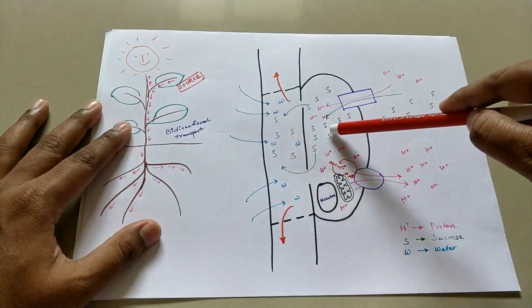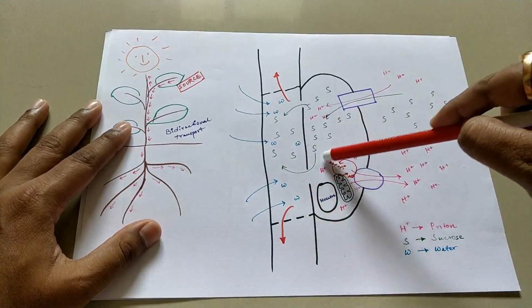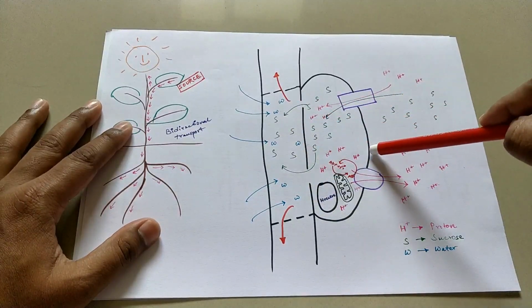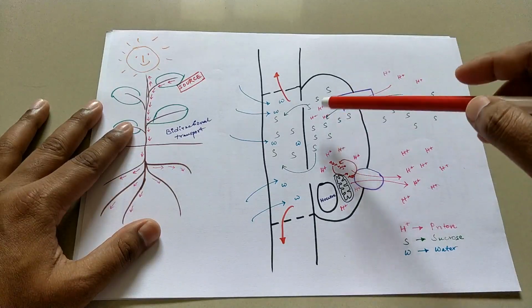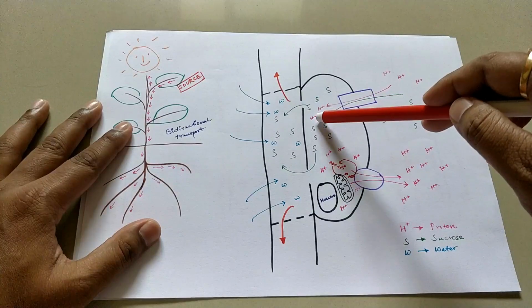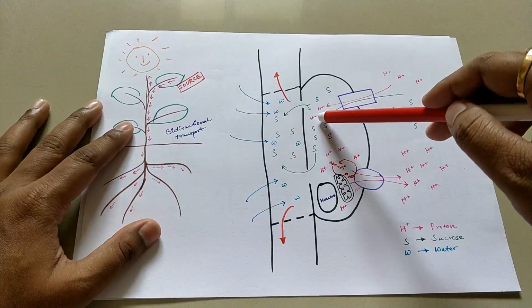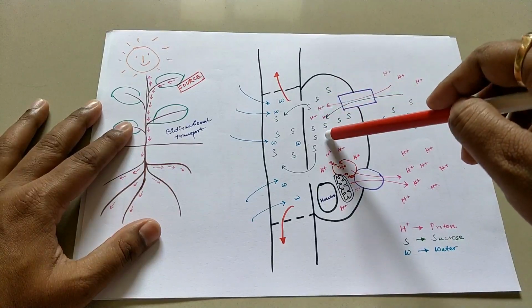So down the concentration gradient, the sucrose molecules will start getting inside the sieve tube element, right? So again, this is a kind of passive transport happening. Here also you don't need any expenditure of ATP because you have already created a concentration gradient.